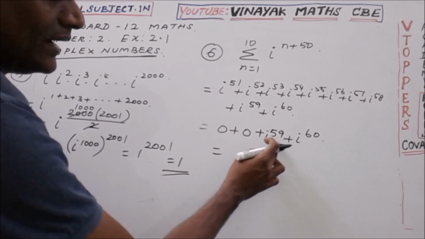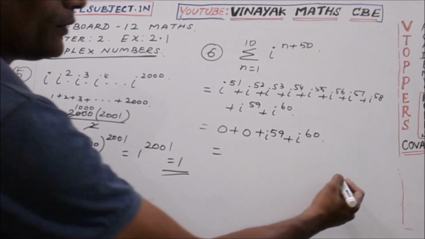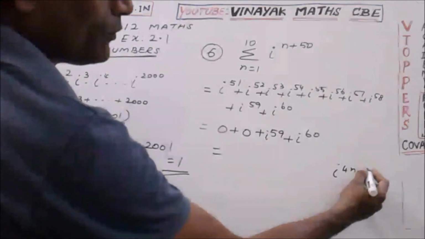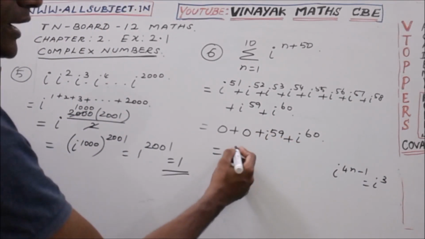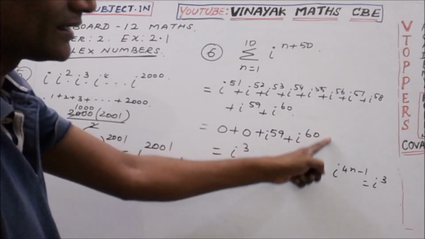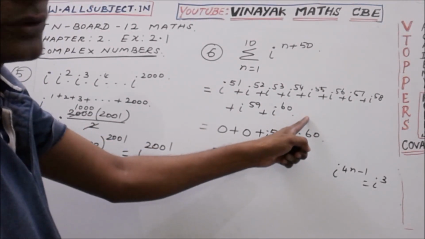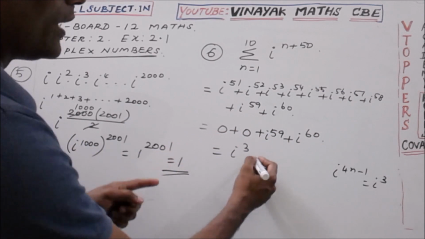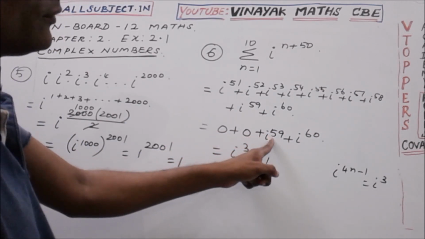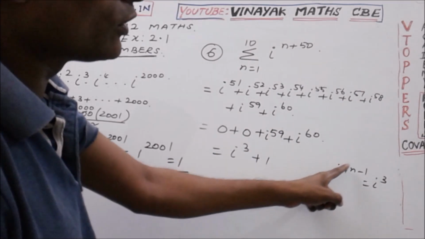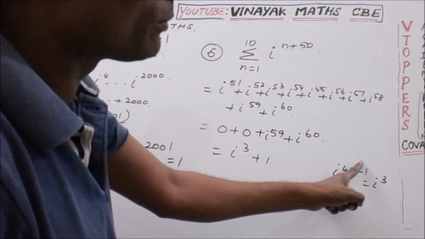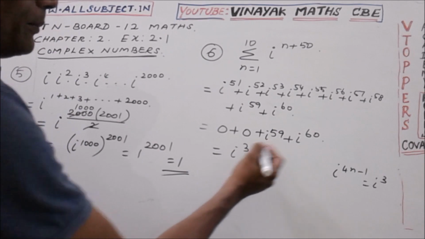Here we have 1 less than a multiple of 4, that is i power 4n minus 1, which equals i power 3, because 60 is exactly divisible by 4. So this is taken as 1, and 59 is a multiple of 4 minus 1, that is 4 minus 1 as 3. Now here i power 3.